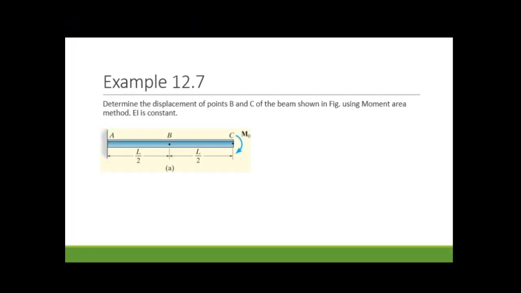So, what is the moment of this beam? And it's easy. Sorry, did you see or not? Sorry, this is the question. Okay, and I want to draw the shape like this.